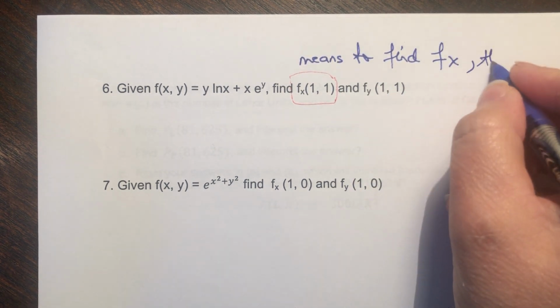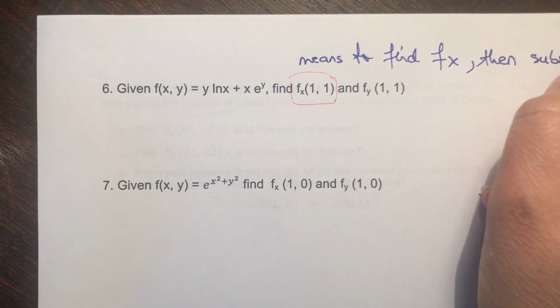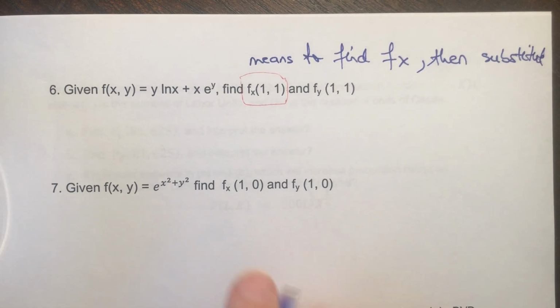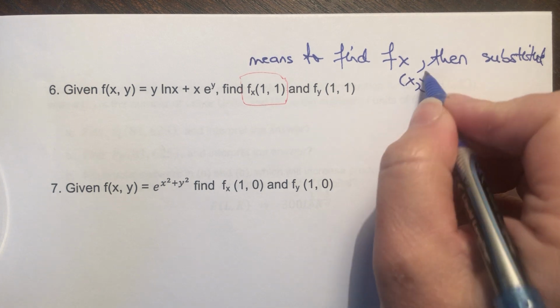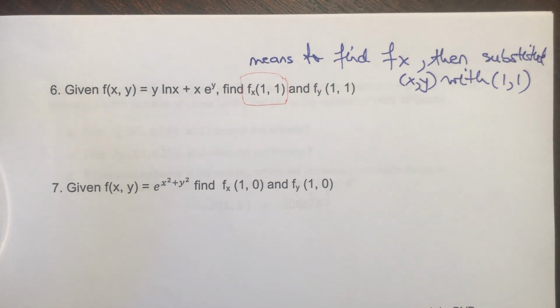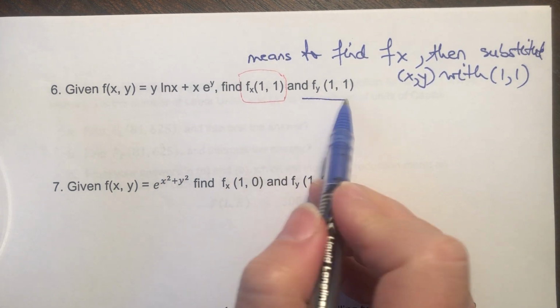And then substitute. It means to find the derivative with respect to x and then substitute x and y with 1, right? So basically evaluate it. Okay, the same thing here, yes.